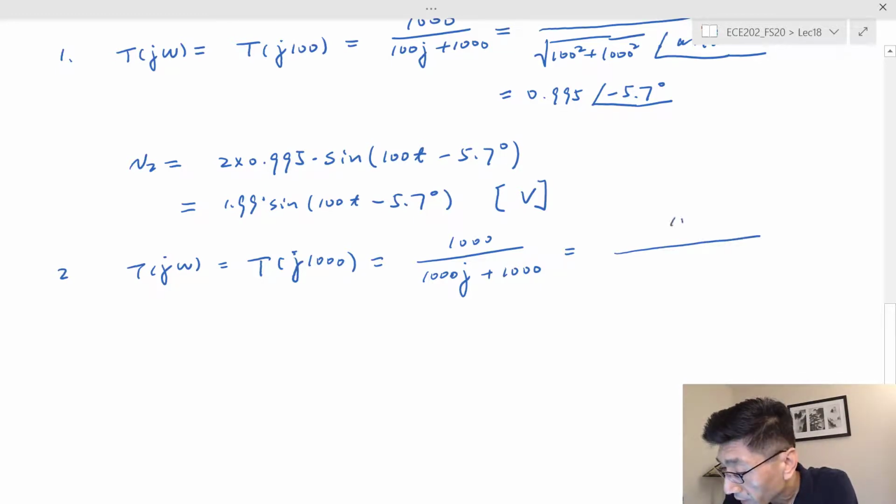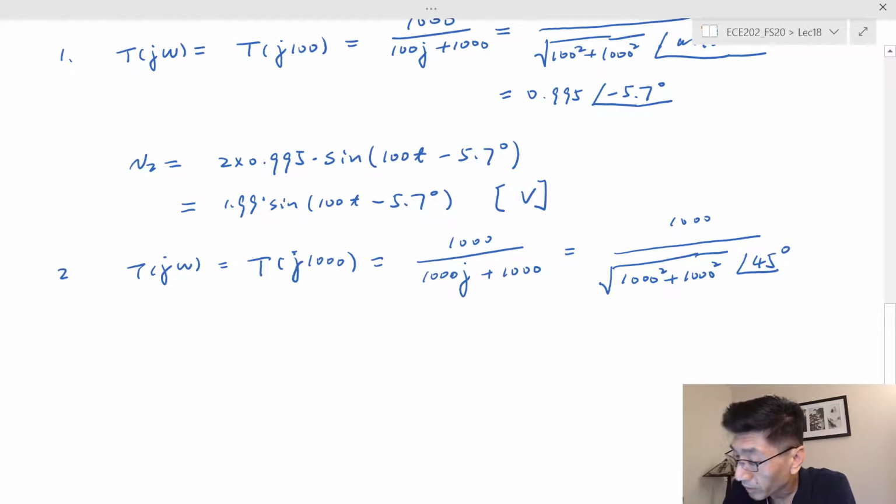The magnitude of the denominator is square root 2 times 1000, if you're familiar with this polar-rectangular transformation. The angle is arctangent of 1000 over 1000, arctangent 1, which is 45 degrees.